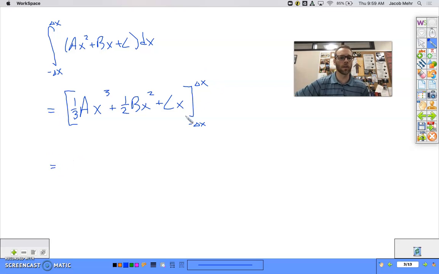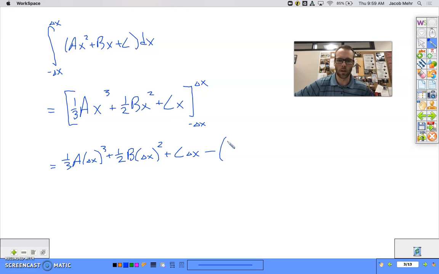All right, so now how do we evaluate our definite integral? Well, let's substitute Δx in. So we have 1/3 a(Δx)³ + 1/2 b(Δx)² + c(Δx) minus. Now we put the other side in here.